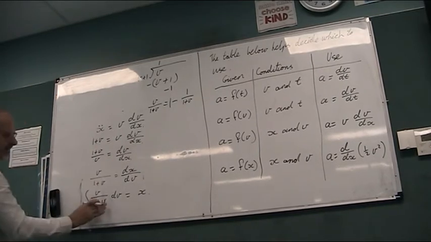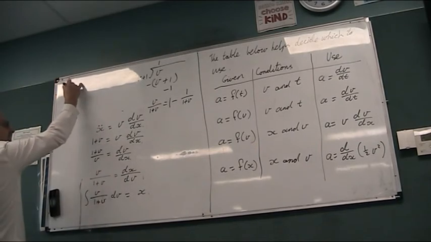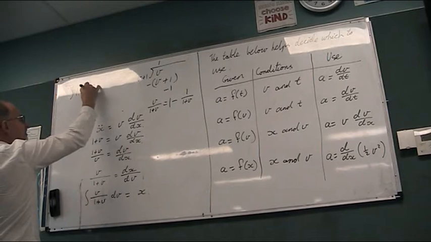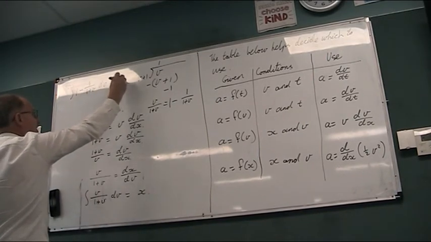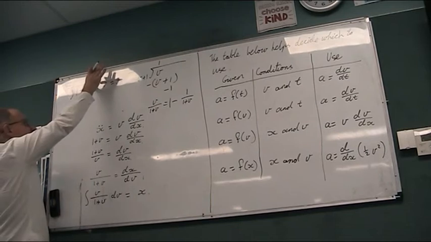So now I'm going to replace. So now I'm going to say, all right, well, let's look at the antiderivative. And that's equal to x. So now, hopefully, we should be able to do this. Again, it looks like a b, not a v.